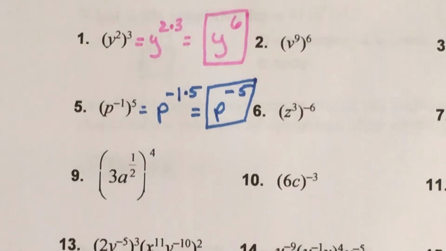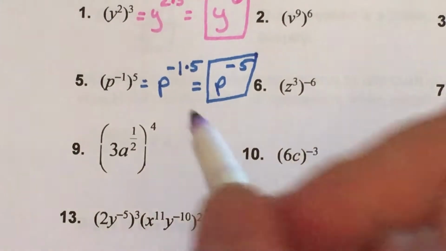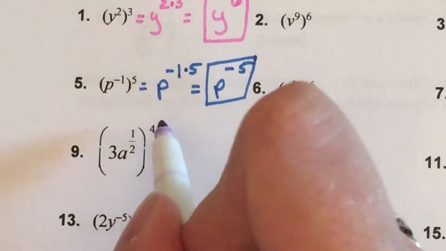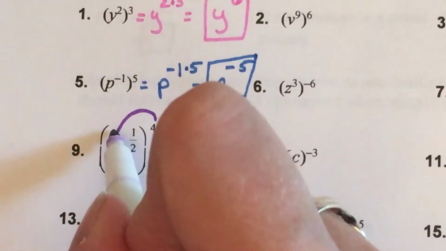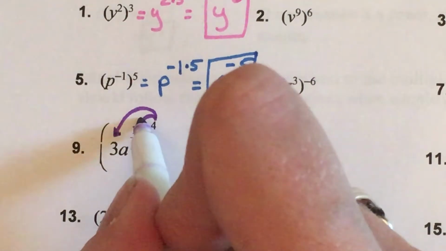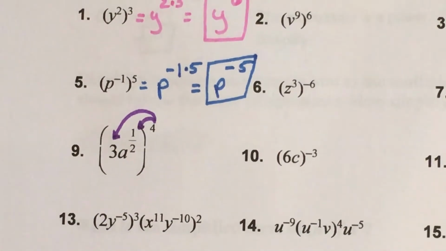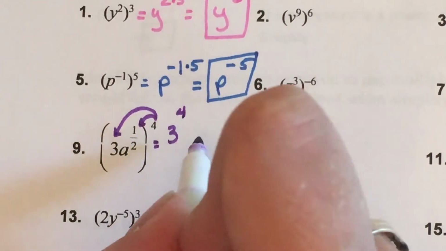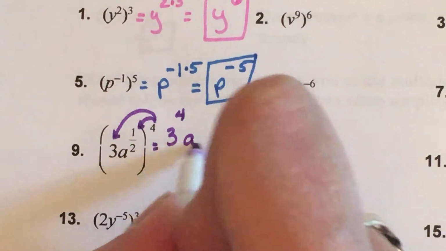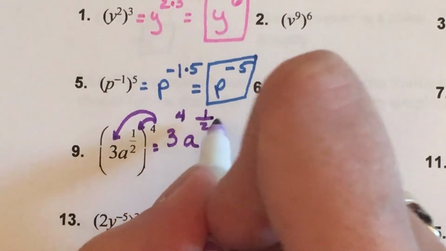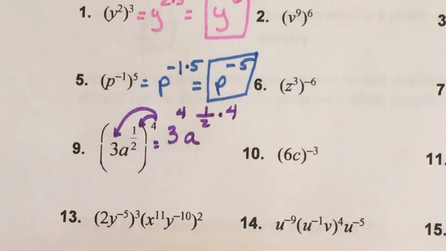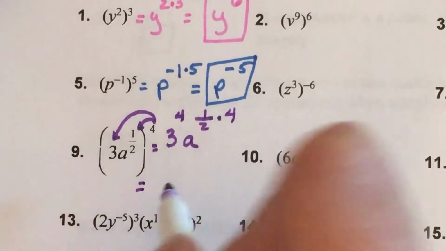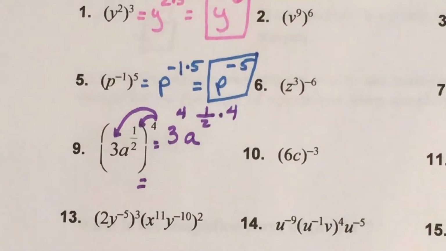All right, let's do number 9 together. So here I have 2 pieces of information inside of the parentheses, and I am going to distribute this 4 to both of them. So this becomes 3 to the 4th power, and then a to the 1/2 times 4. All right. What is 3 to the 4th power? You have a calculator and a great brain.